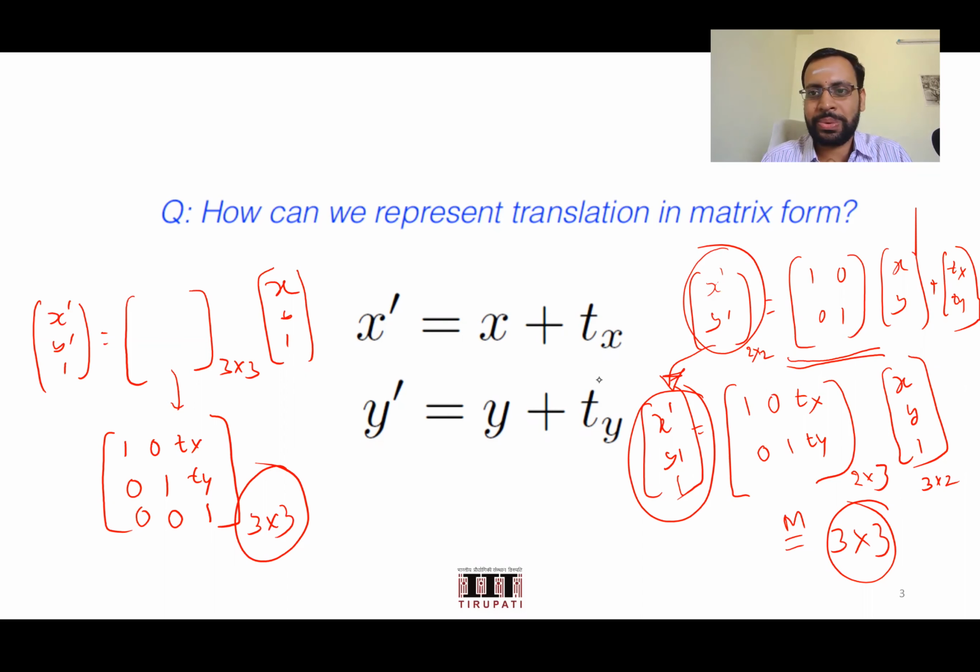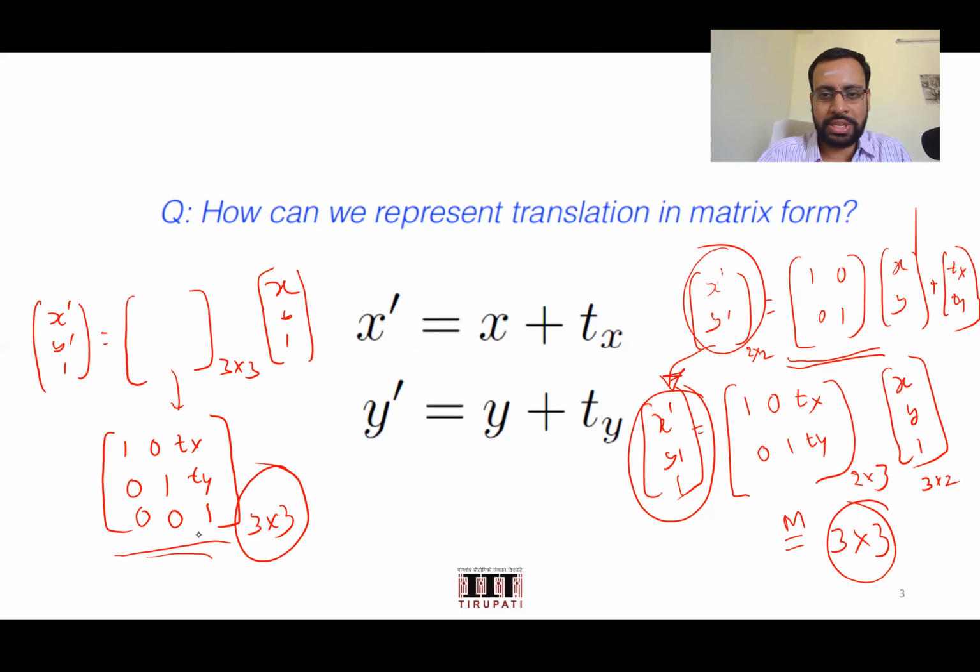This 3 by 3 matrix is what we are going to use from now onwards to represent the transformations, which bring the given spatial coordinate into the modified coordinate, or map it to the other image.